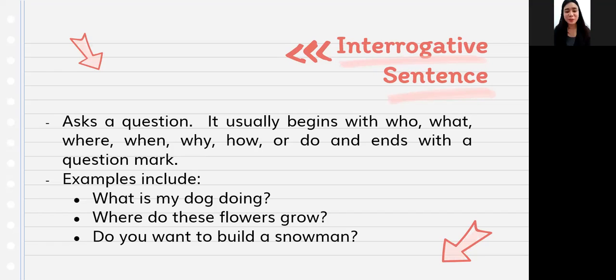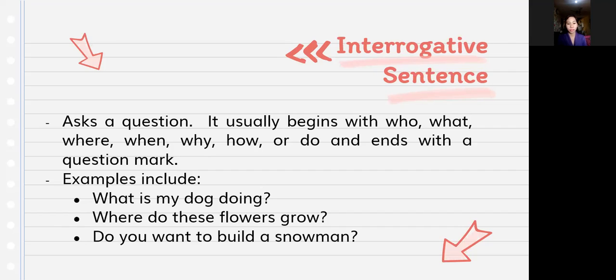So the second one, who can read? Miss Kanto. Where do these flowers grow? Yes, thank you so much, Miss Kanto.